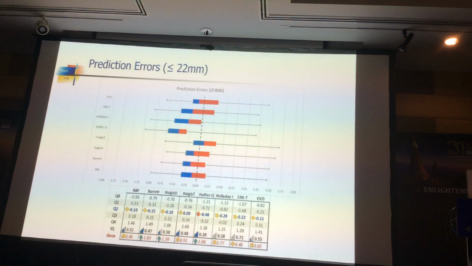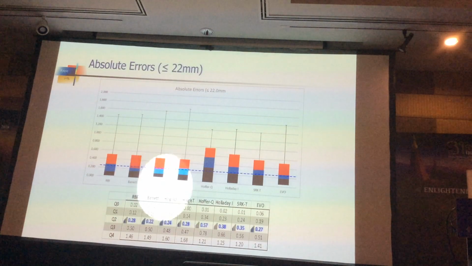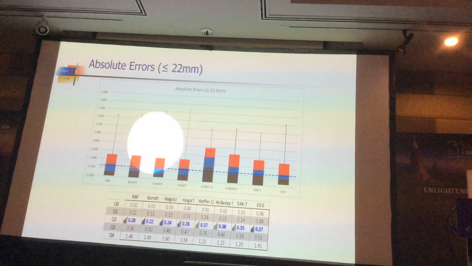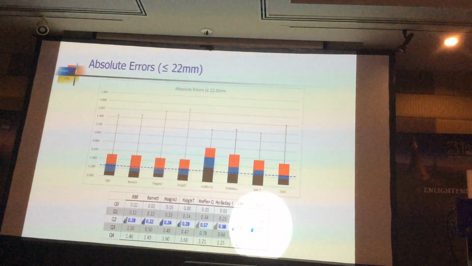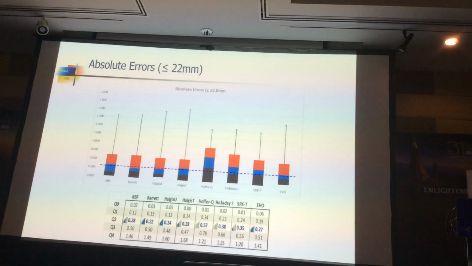Okay, so for these reasons, we look at the median absolute error, because then we see how far off the target. Even though it may be tight, if it's far off the target, the median absolute error will show. Here, these three formulas, Haigis triple optimized, Evo, the other three older formulas are much higher now.